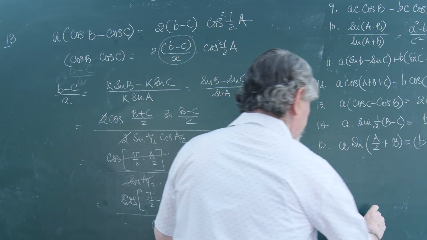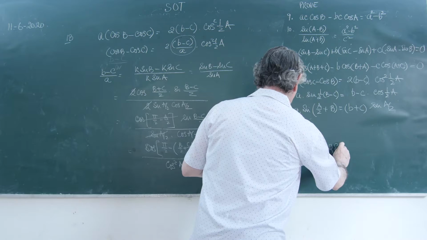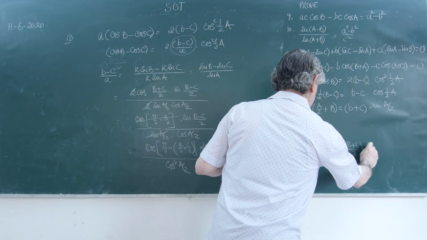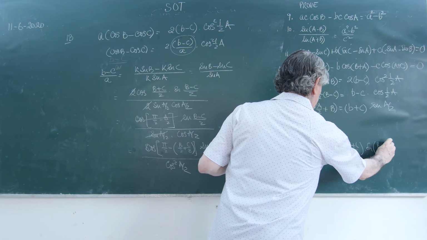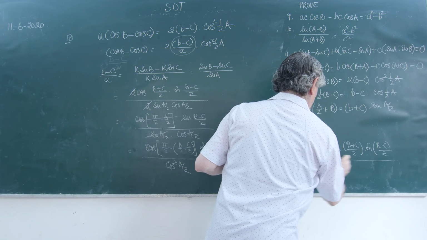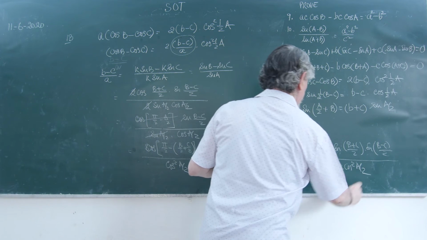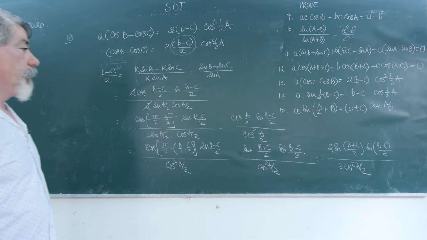So let us multiply it by 2: 2 sine (b plus c) upon 2 and sine (b minus c) upon 2 upon 2 cos square a upon 2. It will become what?